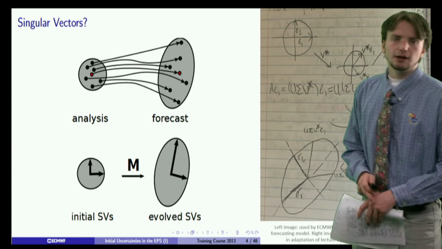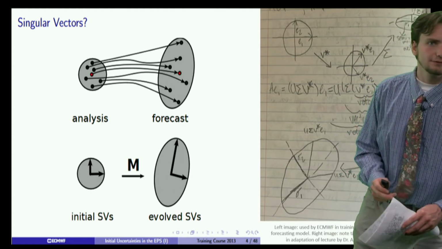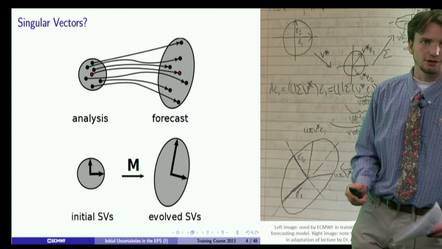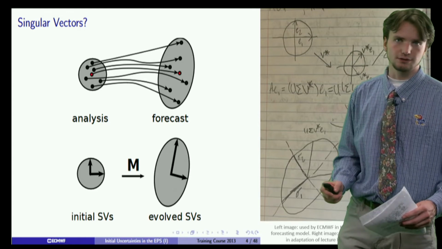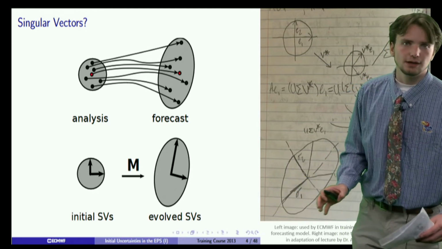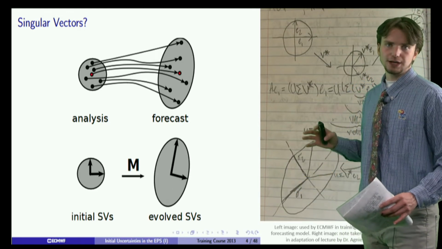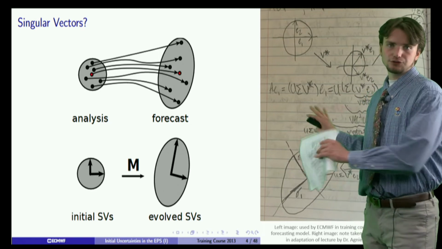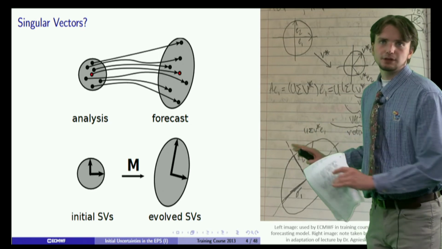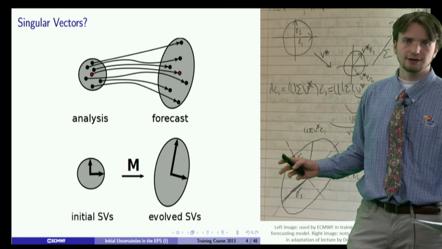A specific SVD-based model in particular is the EPS, the Ensemble Prediction System. It is what this training slide is about. It's from the ECMWF.